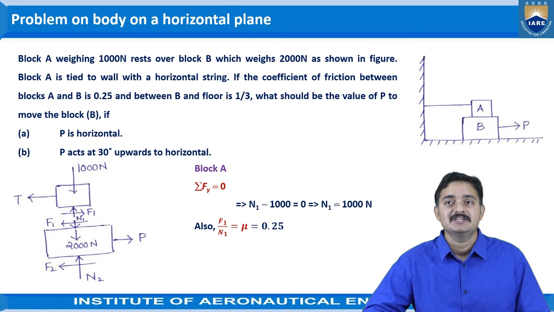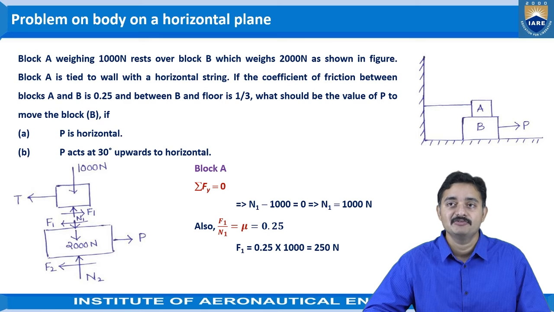By application of the coefficient of friction, mu is equal to F1 by N1, given as 0.25, we obtain F1 as 0.25 into 1000, that is equal to 250 newtons. Applying sigma Fx equal to 0, we get F1 minus T equal to 0, which implies T is equal to 250 newtons, where T is the tension acting in the string.